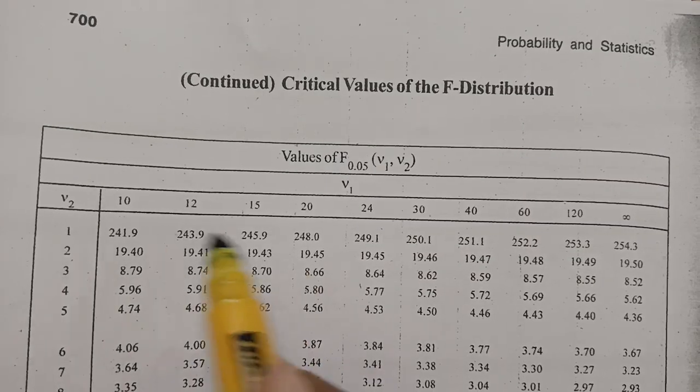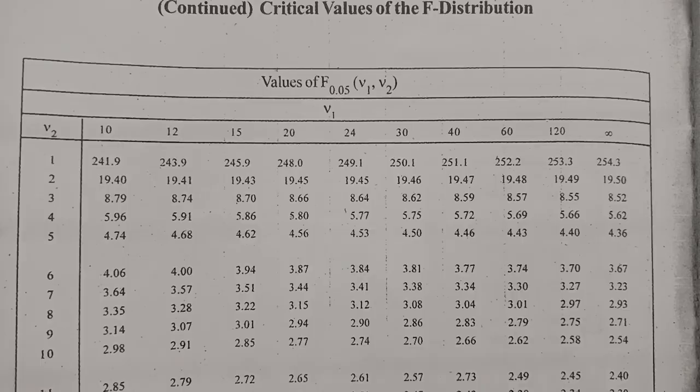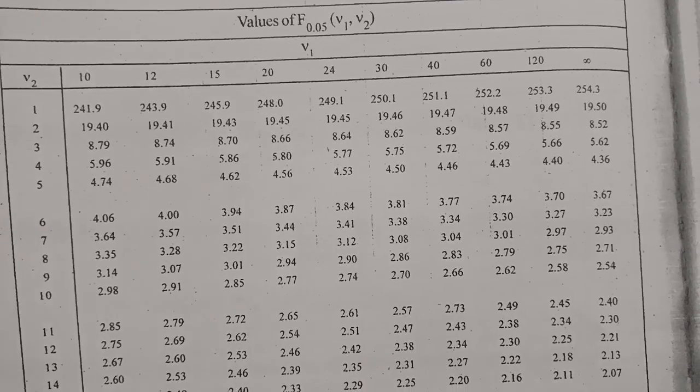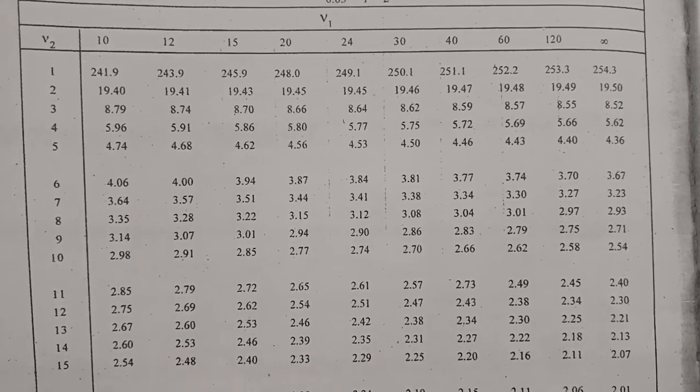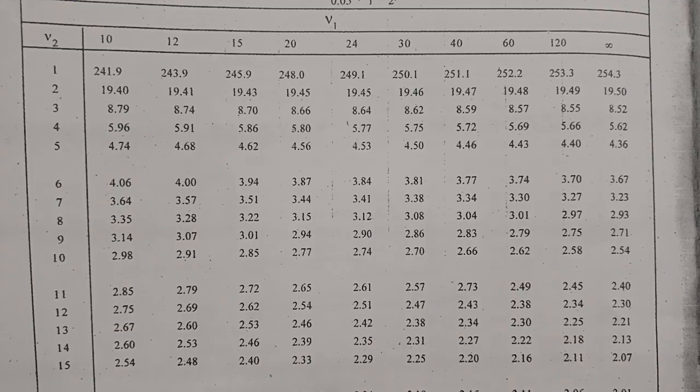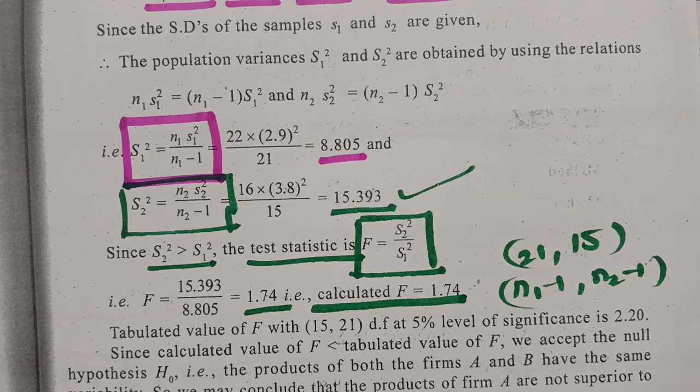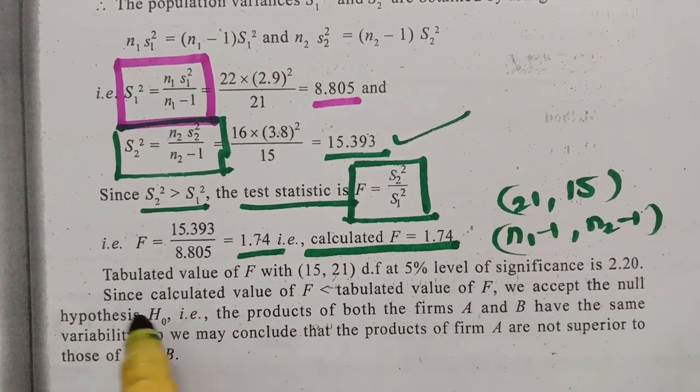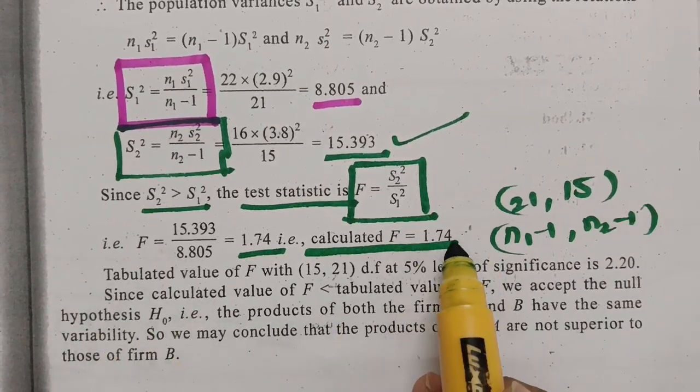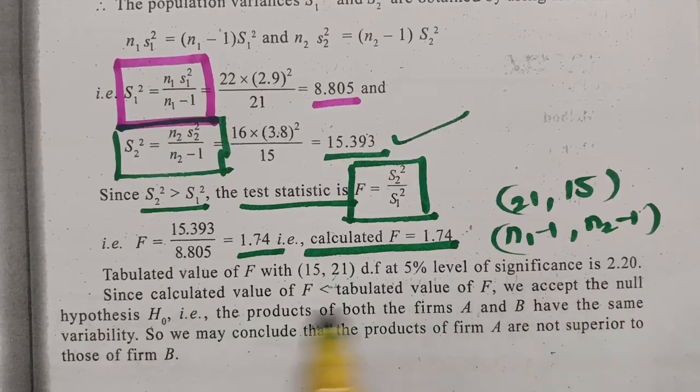There is no 21 in this table, and therefore we take the nearest value they have found. So at 15, 21 and 15, this is 2.29. So write 2.29. This value is 1.74 and this is 2.20.